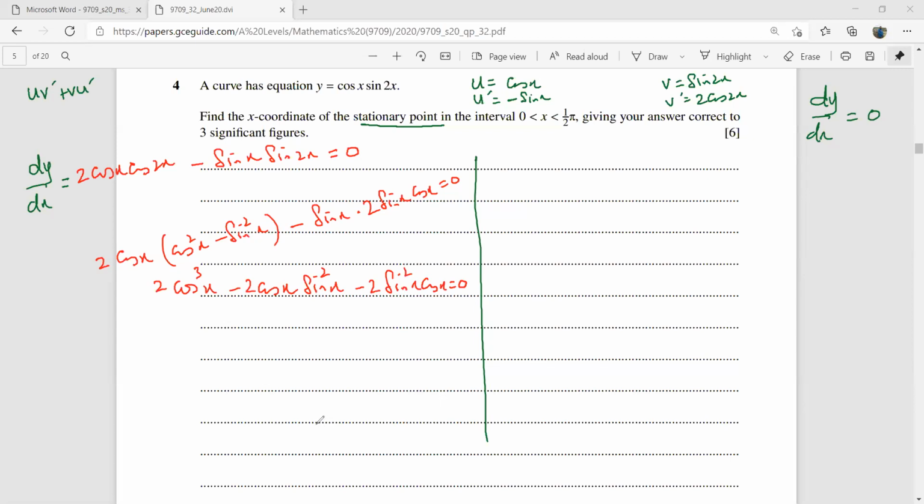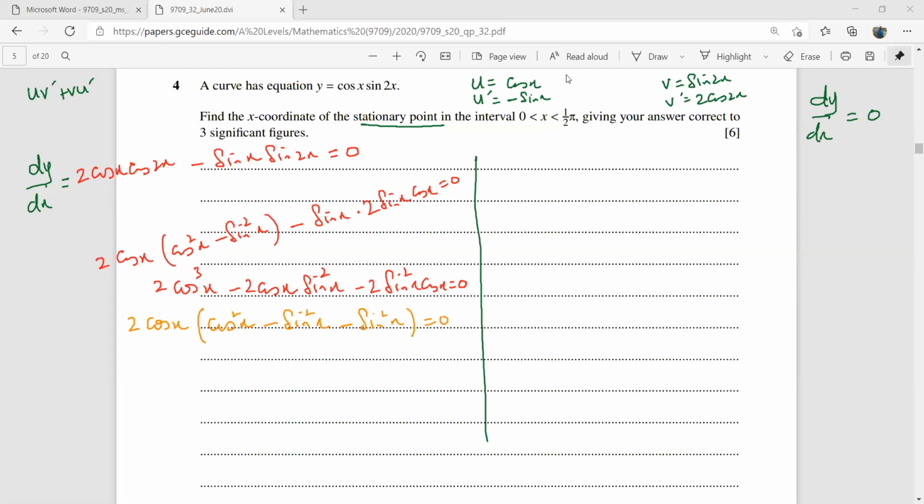So let's take 2 cos x common from this. So this equation is a bit lightened, okay? So we have 2 cos x into cos square x minus sine square x, and then again minus sine square x, and that is equal to 0.